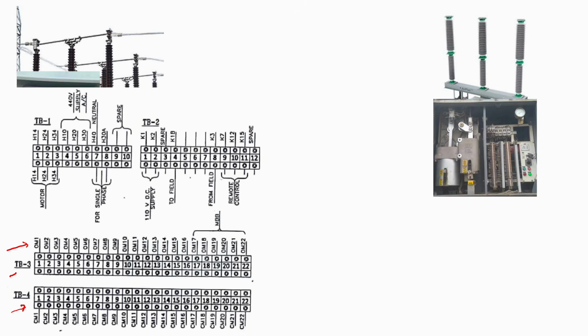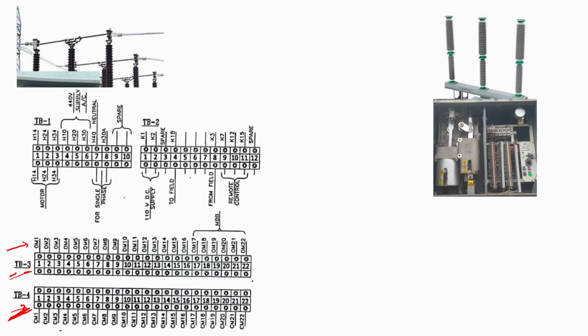In the isolator we have an auxiliary switch. So when you close or open the isolator, the auxiliary switch will move accordingly, and the contacts TB3 and TB4 will change over. Suppose the contact is open; when we close the isolator, you will get continuity on the CM part.